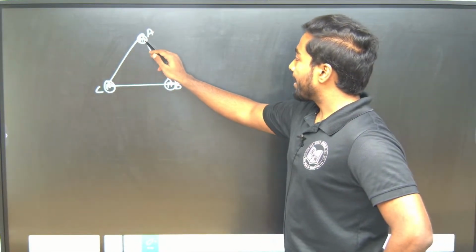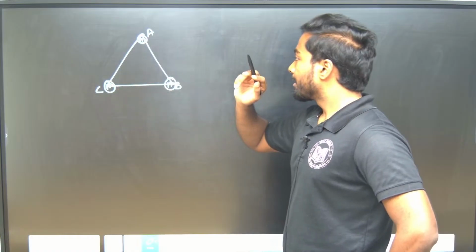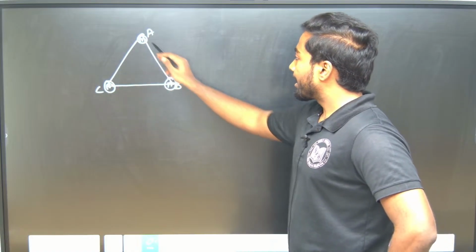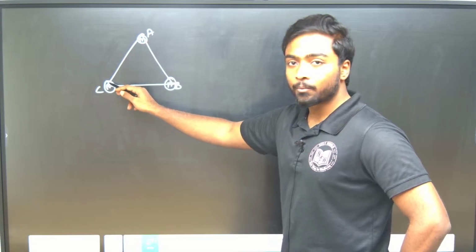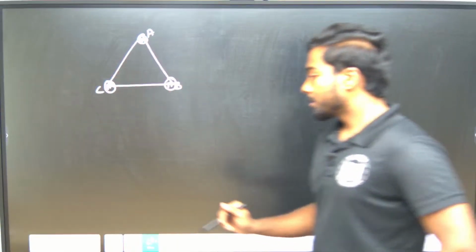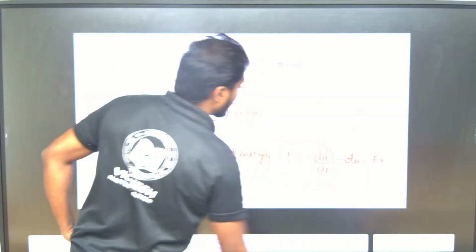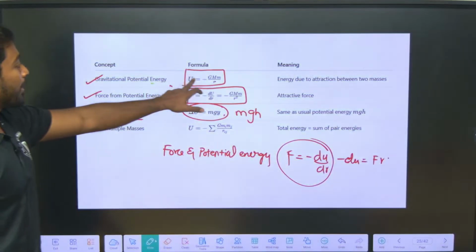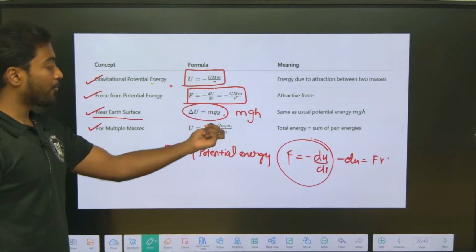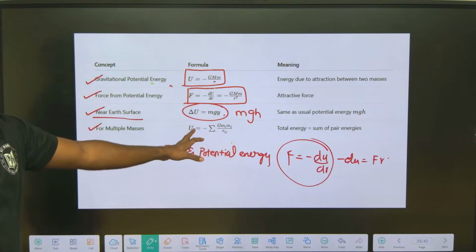A will be acting on B and on C, B will be acting on A and on C, and C will be acting on A and on B. The potential energy is minus GMm by R, and for multiple masses it is the sum of every potential energy.